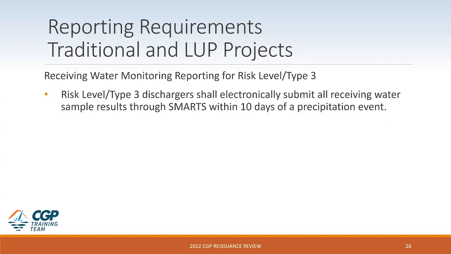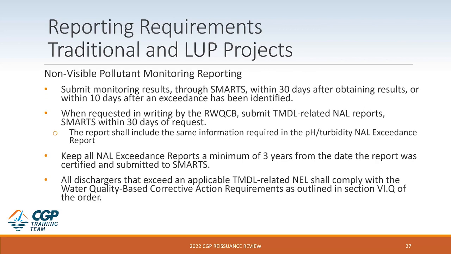Risk level 3 dischargers have to electronically submit all receiving water samples through SMARTS within 10 days of their precipitation event. So it's not 30 days when it comes to the receiving water monitoring. For non-visible pollutant monitoring, we must submit the monitoring results through SMARTS within 30 days after we obtain the results, or within 10 days after an exceedance has been identified.